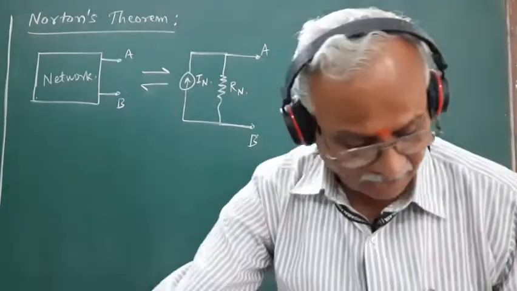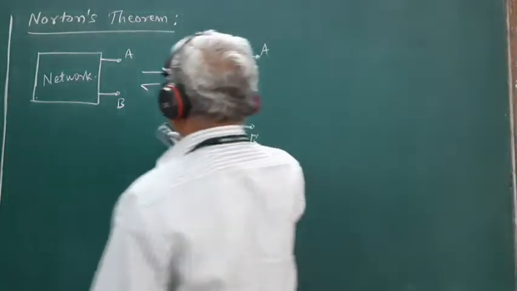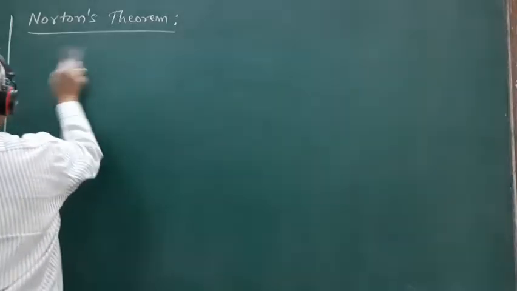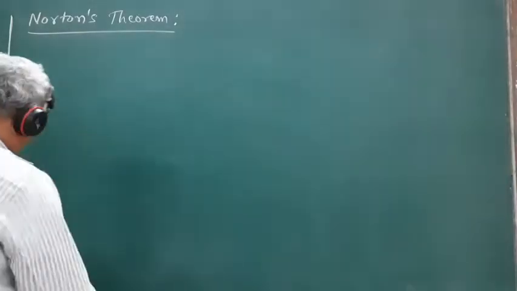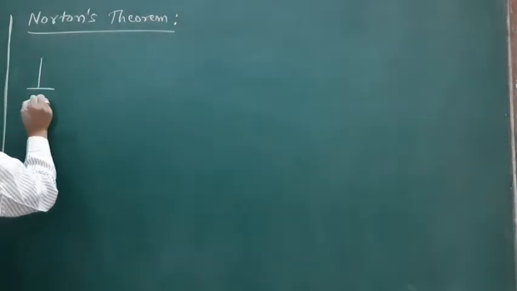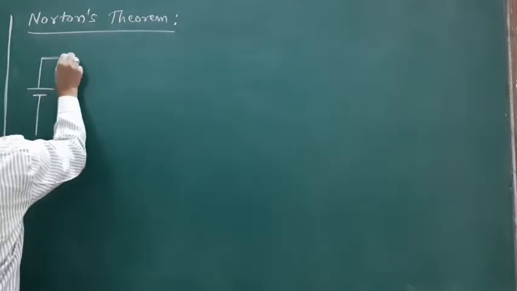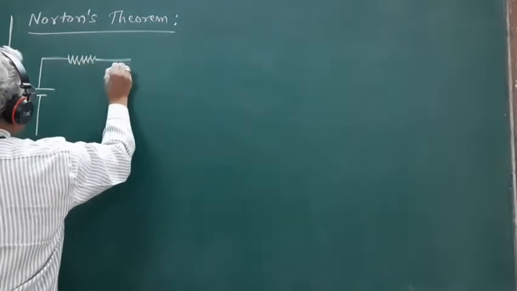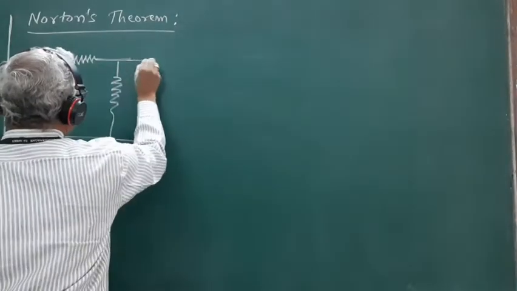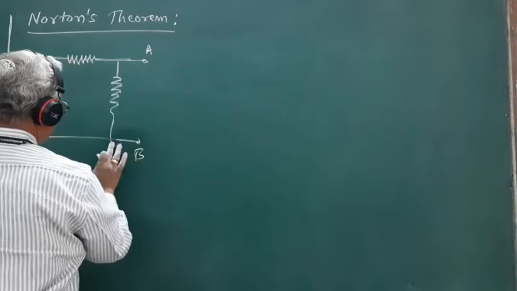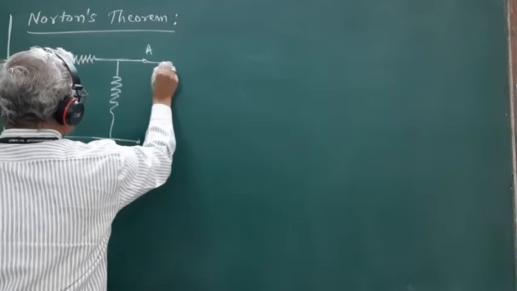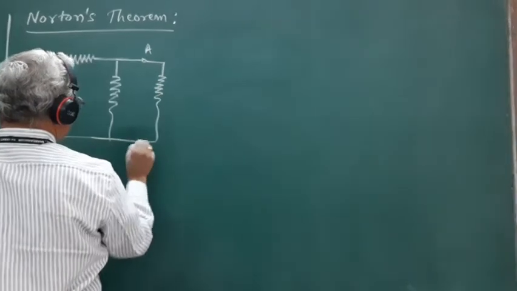Now let us prove Norton's theorem. To prove it, let us consider a complicated network consisting of a source of EMF E in series with the resistances R1 and R2 connected across the terminals A and B, and across the terminals A and B, a load resistance RL is connected.